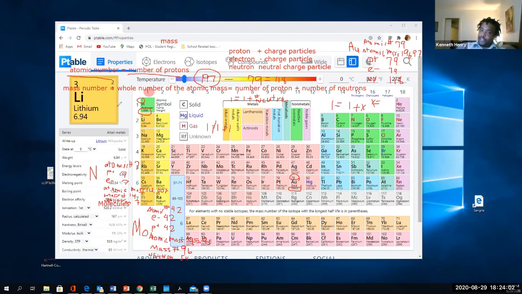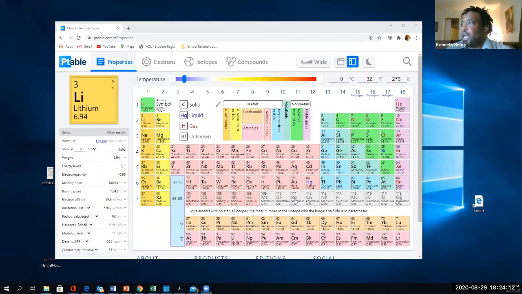Everybody got that so far? Okay, good. I'm going to erase my board here and we're going to continue talking about our periodic table because I have a few more things to go over. We have what we call diatomic elements. Every other element, when it's by itself, is only by itself, like sodium metal.